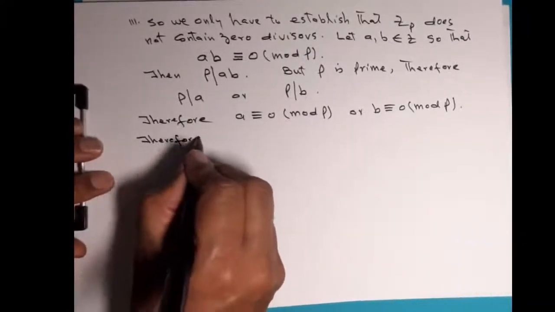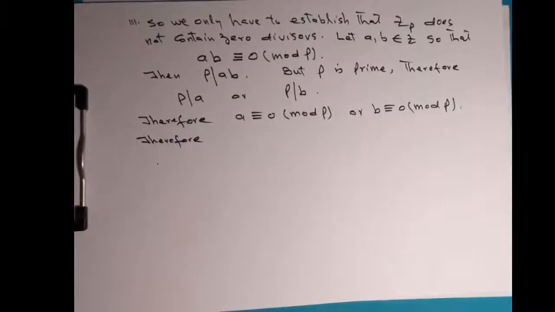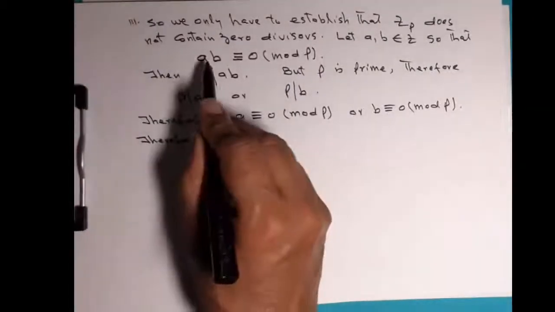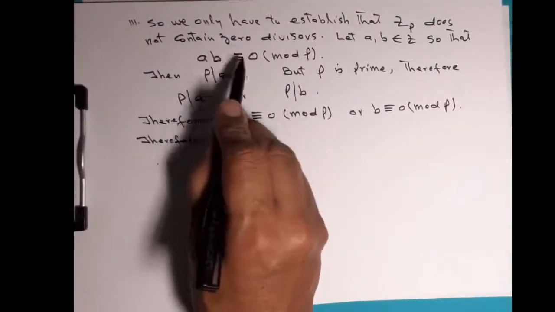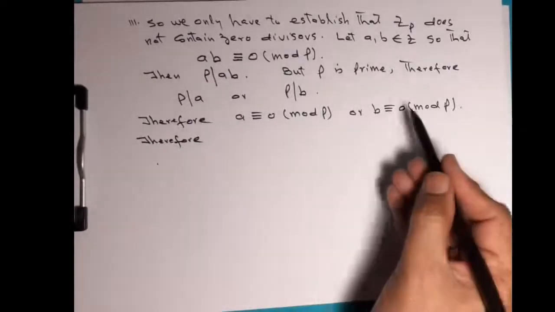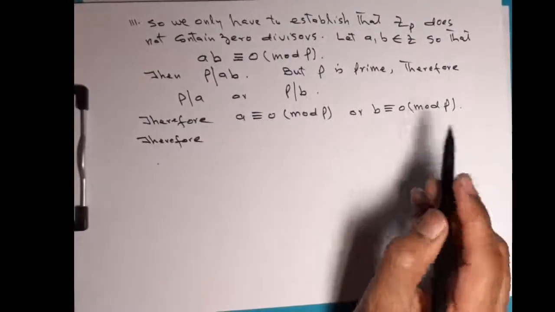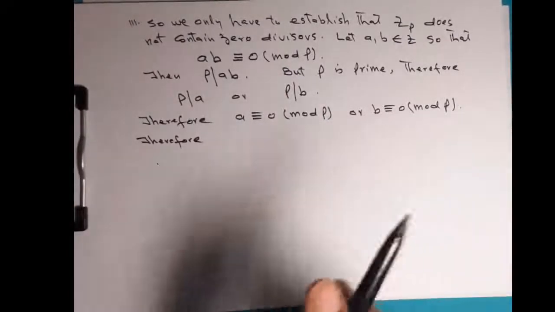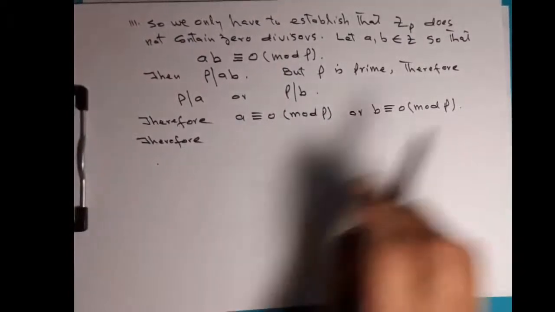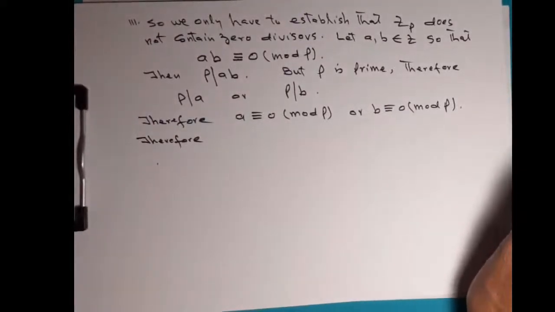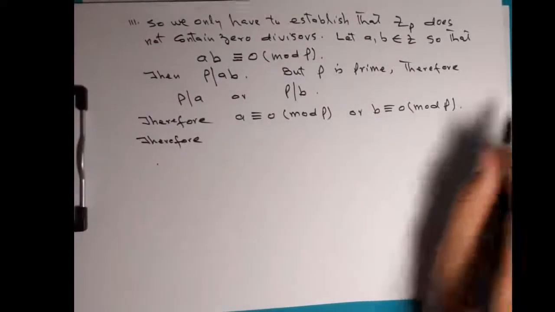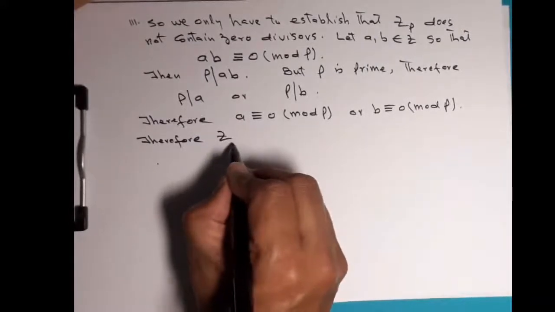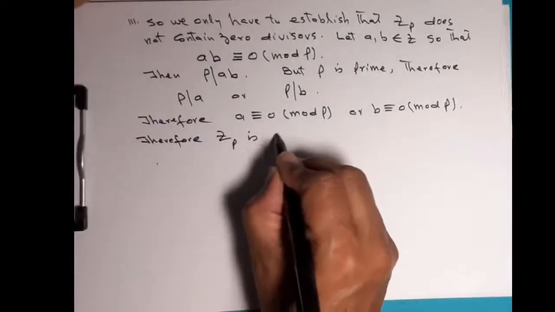Last time I told you that in order to see that a ring is an integral domain, this is what we do. We see that if the product of two elements is 0, then one of them becomes 0. If this happens, then that commutative ring becomes an integral domain. Zero divisors do not exist in that ring, and therefore Z_P is an integral domain.